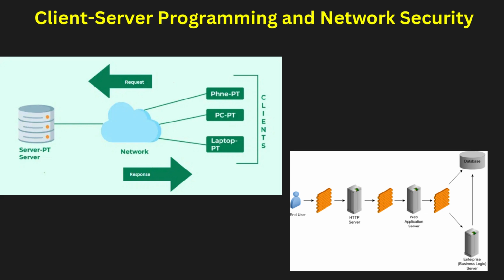Techniques like VPN, virtual private network, SSL, secure socket layer, and SSH are introduced for secure communication, along with firewalls for protecting the network. By understanding the mechanics of client server interactions and implementing robust security measures, you will gain insights into building and protecting scalable applications or systems.